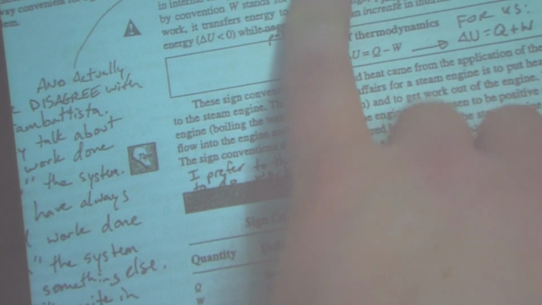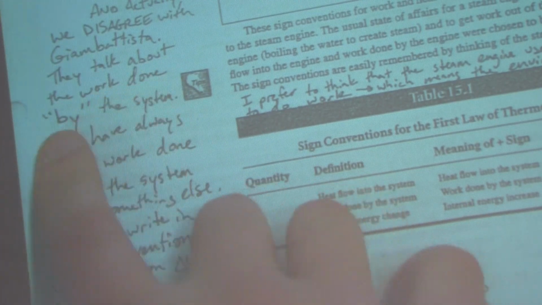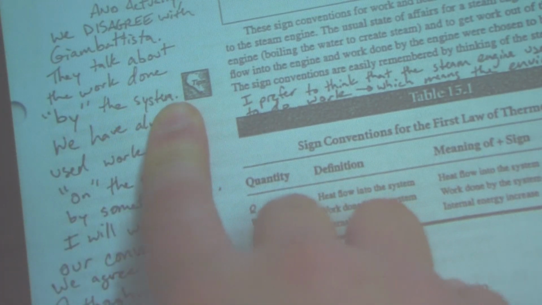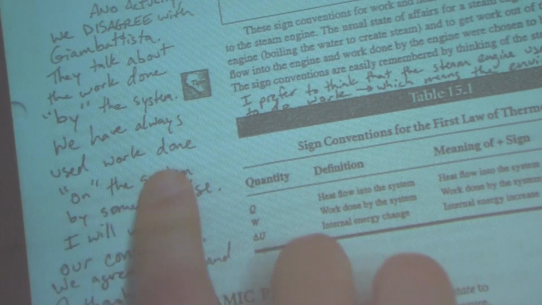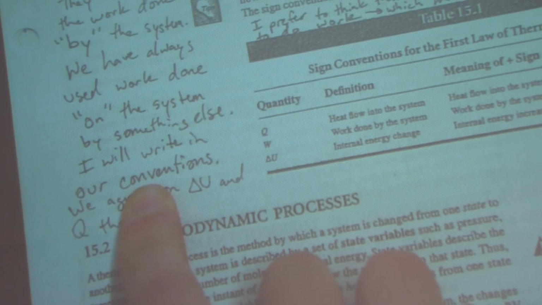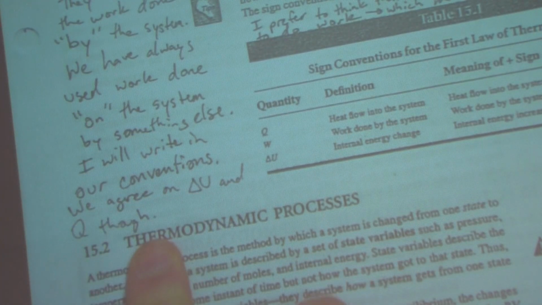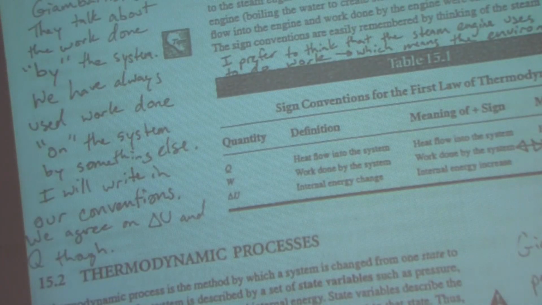Bad news, Giambattista, we disagree with you. They talk about the work done by the system. We have always used work done on the system by something else. I will write in our conventions. We agree on change in energy and Q, but they just flip-flop their signs for work.